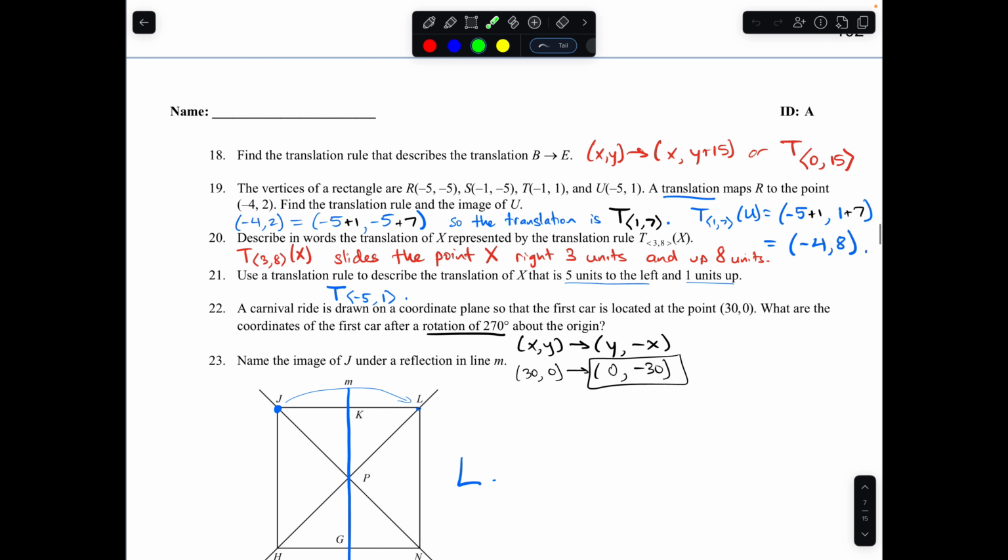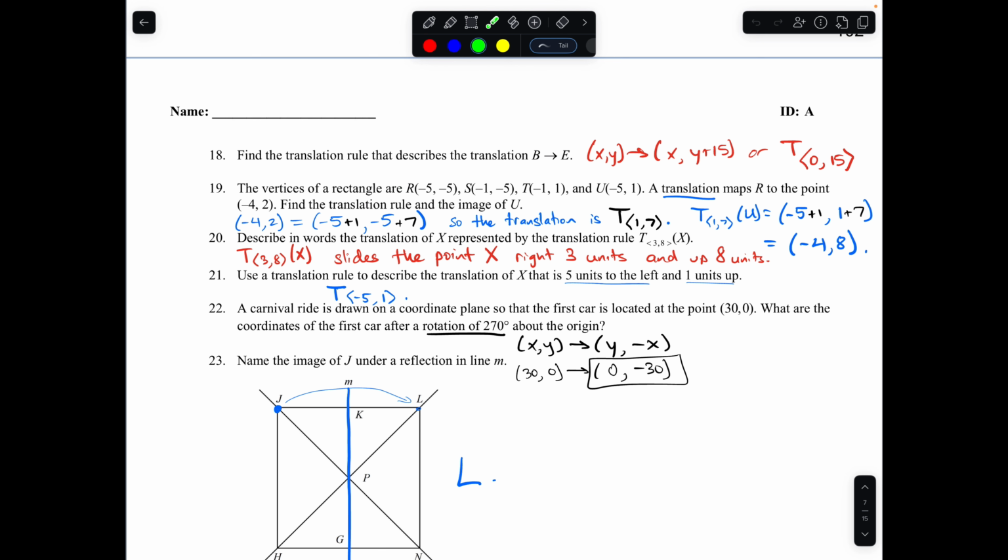Number 19 gives us the vertices of a rectangle, R, S, T, and U. And we're going to translate R to this point. This is a little tricky, but what's the translation? Well, R is actually -5, -5.